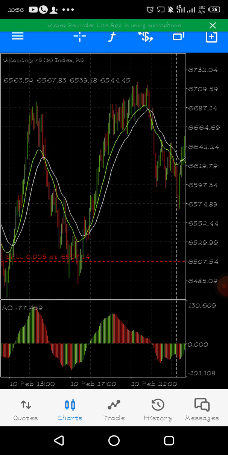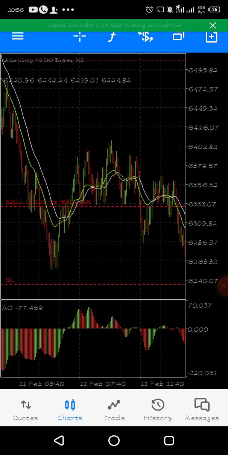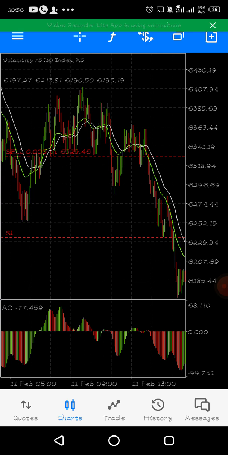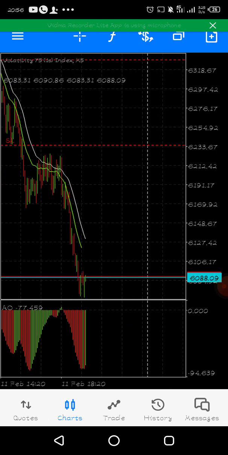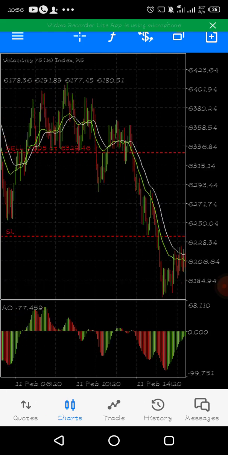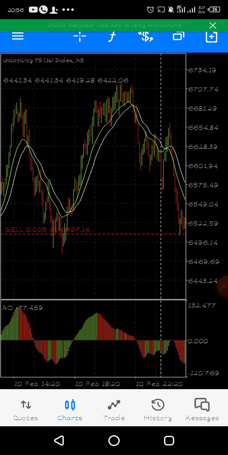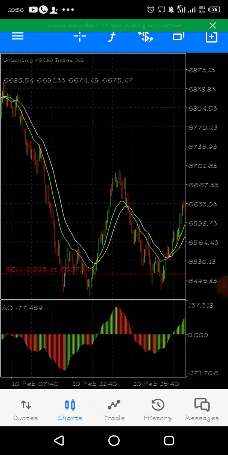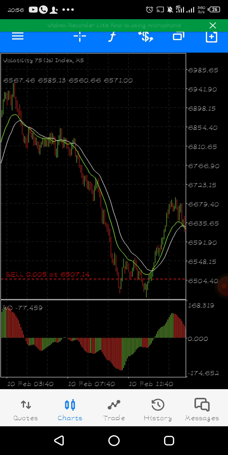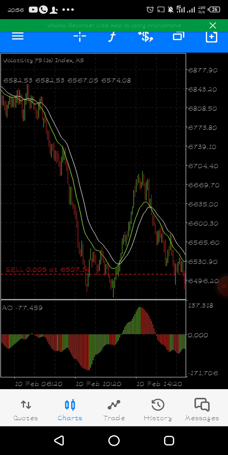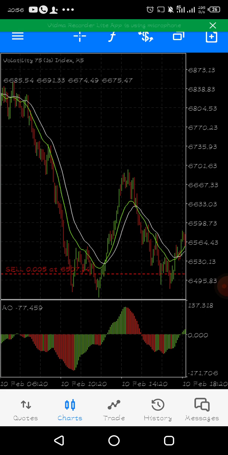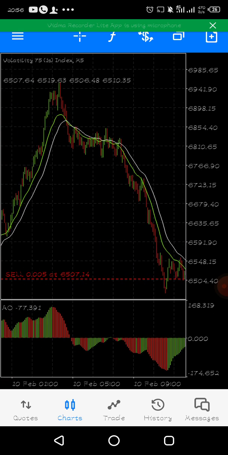This strategy has provided a few trades and I'm still running some at the moment. It's a very good strategy that can help you in your trading system once you follow the basic rule.